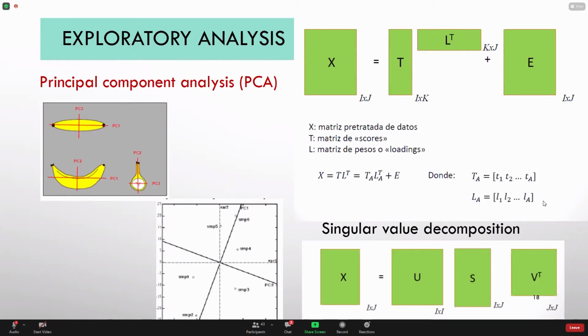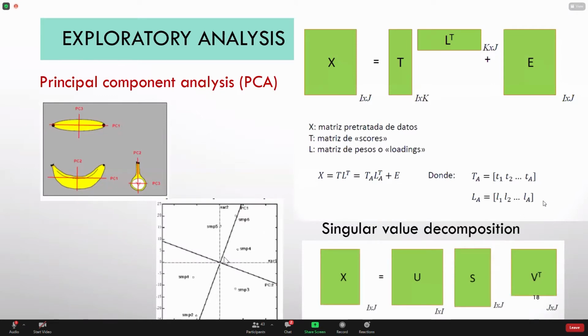So if we have a J space, now I have just 3 or 4 or 5. So PCA is a reduction method because it reduces the dimensionality of our data to new variables called principal components. Now I will plot my samples regarding these new variables.